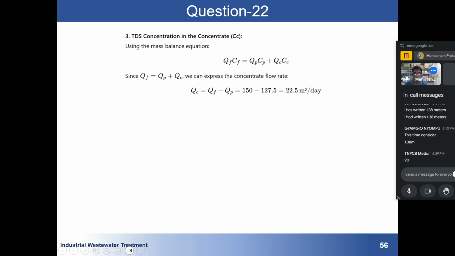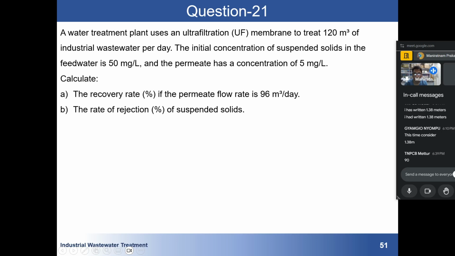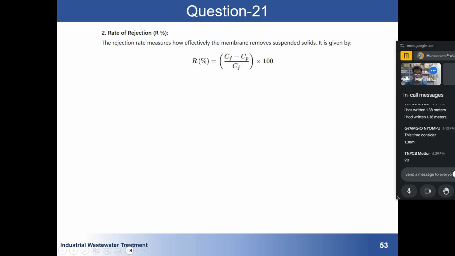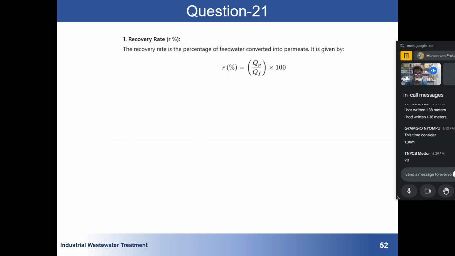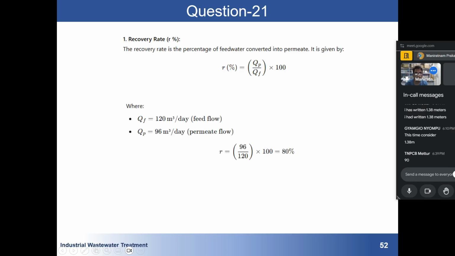Miss, I was about to ask one question. In this question, this much water is going in, but the water coming out is only 96 meter cube per second. So what is happening to the extra 24?